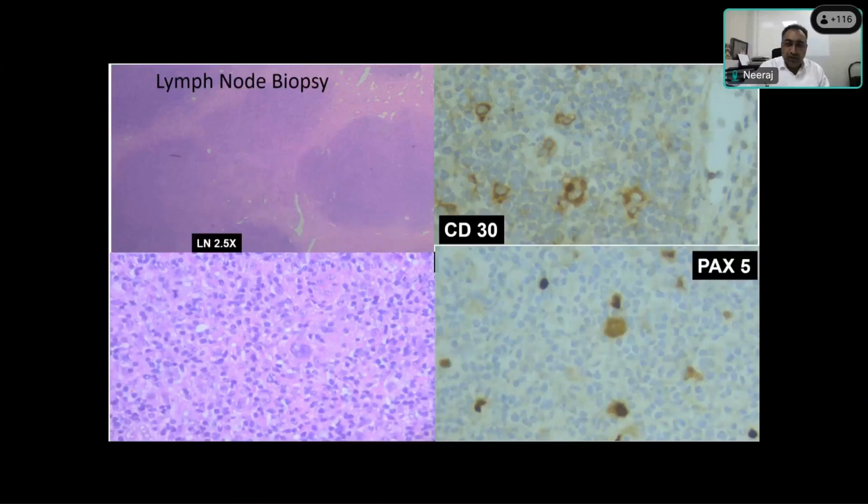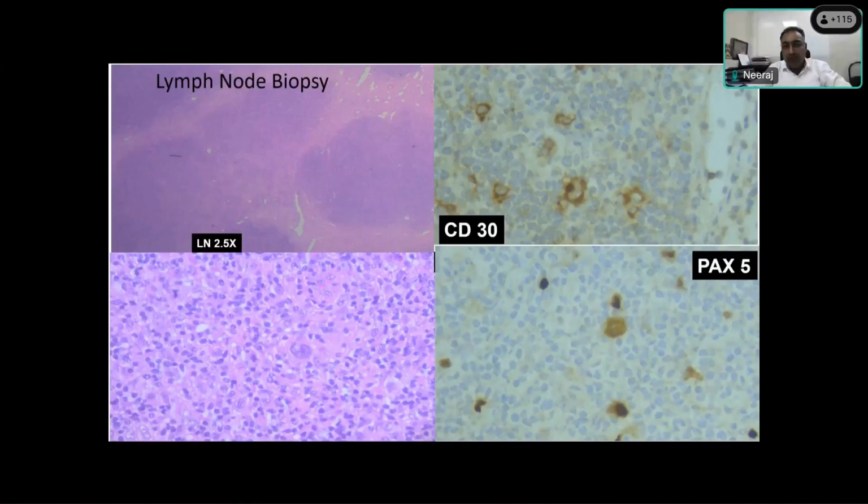So you moved some of the slides. Based on this investigation and the presentation and the testing that was available, since this patient had lymph nodes, a lymph node biopsy was done. And as you can see in this node, there is loss of architecture.